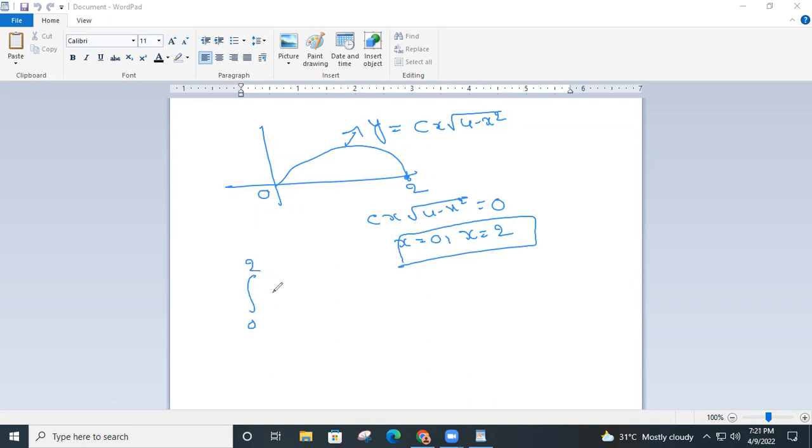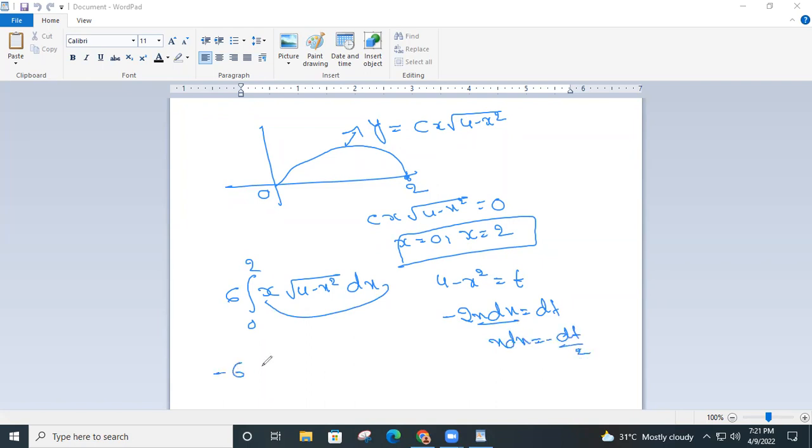So the integral of 0 to 2, c value given as 6, so 6 into x root of 4 minus x square into dx. So take 4 minus x square as t. So minus 2x dx is dt, or x dx is minus dt by 2.